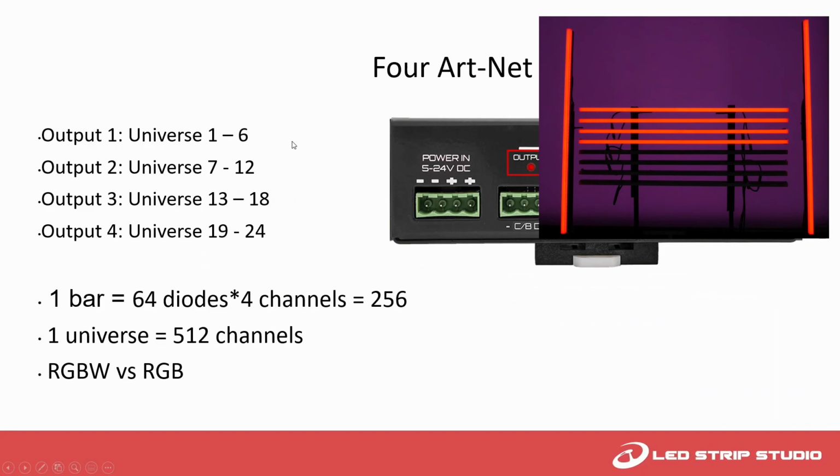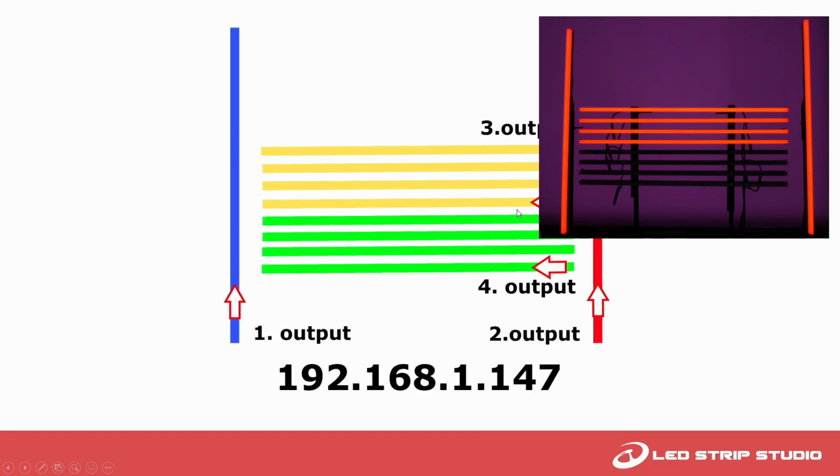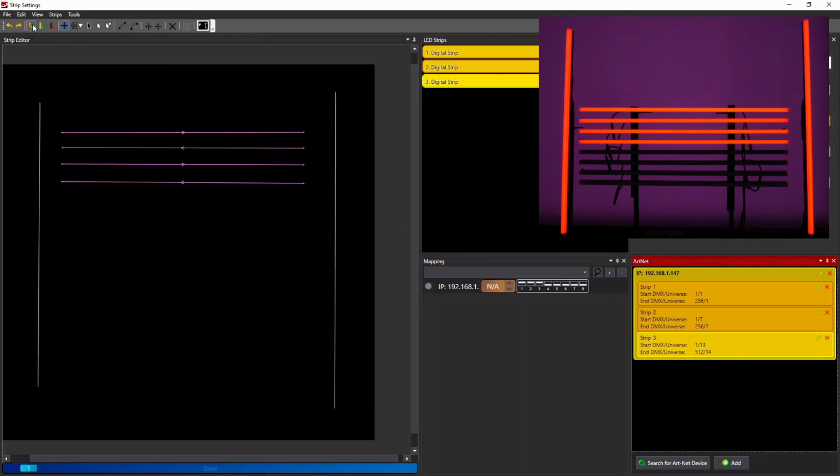And for the last output, or for the last group of 4 bars, we are again starting at the bottom, again zigzag. You can actually use a tool which will draw multiple lines, so you don't have to draw each line.